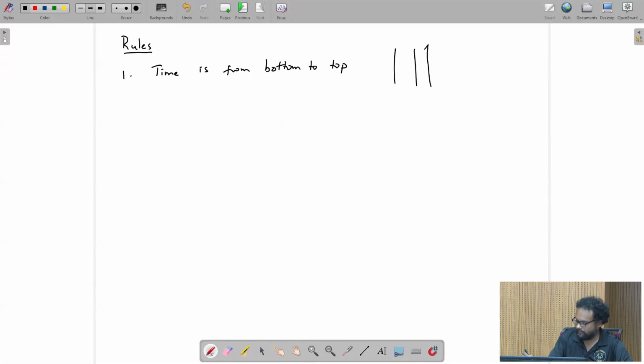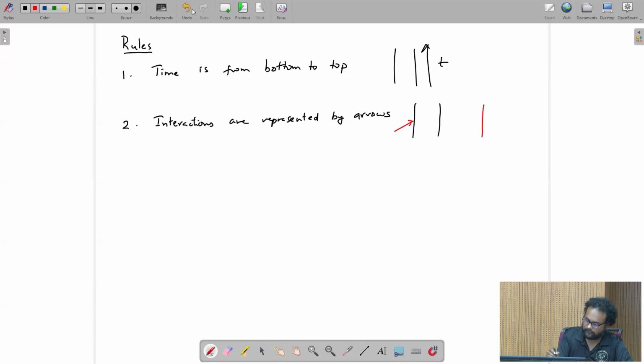Draw the Feynman diagram, the time is going like this. Interactions are represented by arrows. What I mean by that, if I have an interaction like this, only the final emission is given a squiggly arrow.